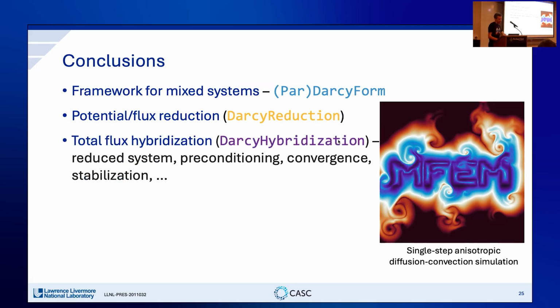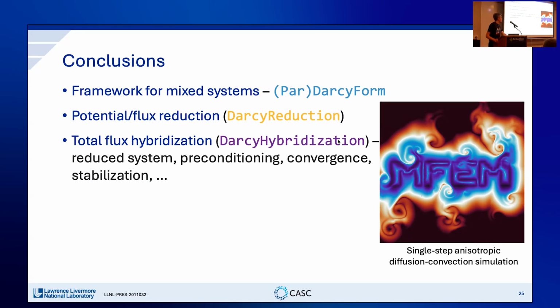But the most efficient and winning in pretty much all categories is that hybridized version of the formulation where we hybridize the total flux. It greatly reduces the size of the system, improves preconditioning, convergence rate. We have also very good stabilization, and so on and so forth.